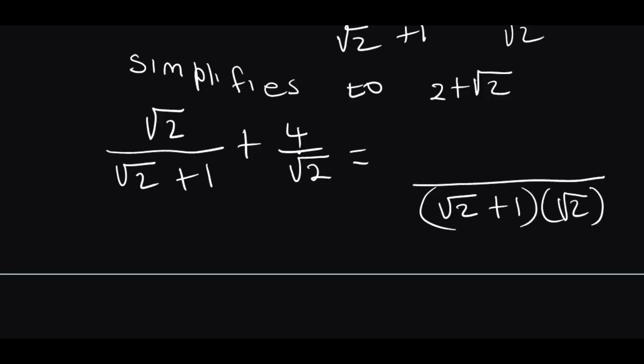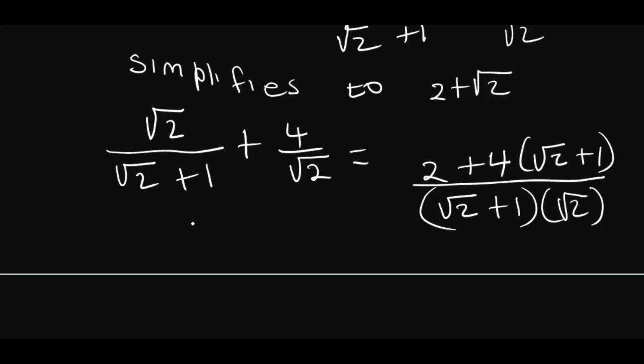Square root of 2 times square root of 2, there is 2. Right, plus 4 into square root 2 plus 1, because the square root 2 will divide the square root 2 and eliminate the square root of 2.